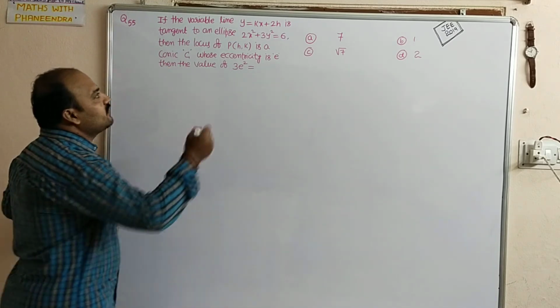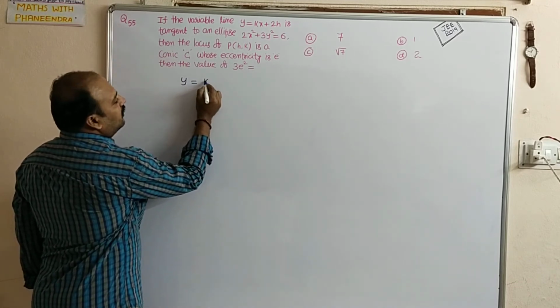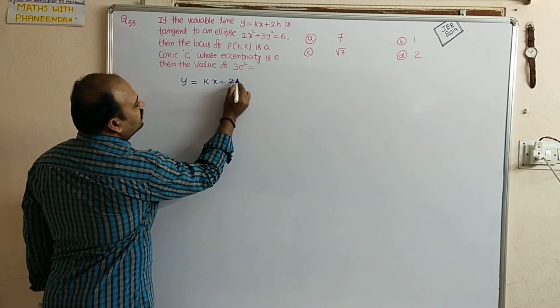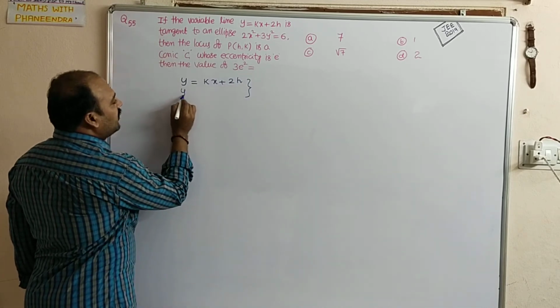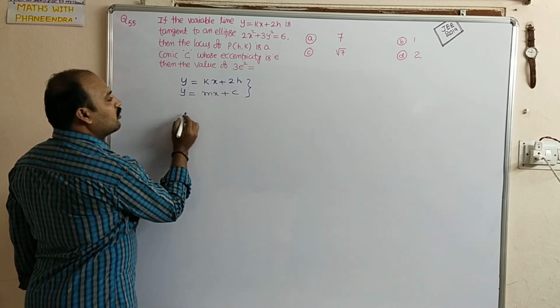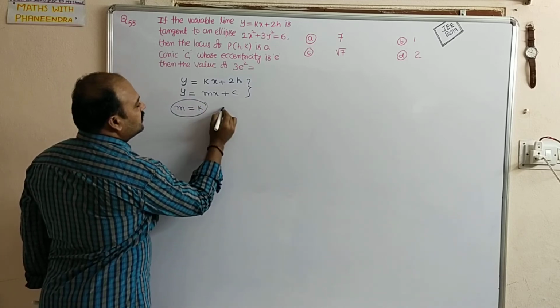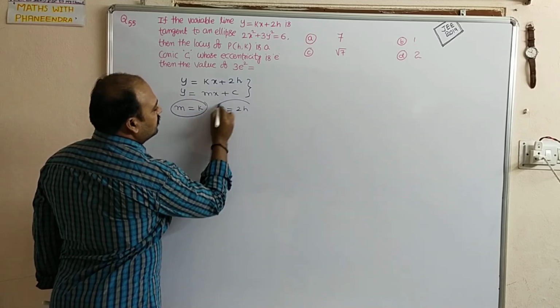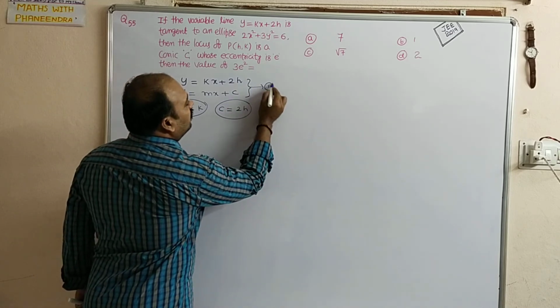So first thing, the given variable line is y equal to kx plus 2h. This equation you have to compare with y is equal to mx plus c. So therefore m is equal to k and c is equal to 2h. Equation 1.